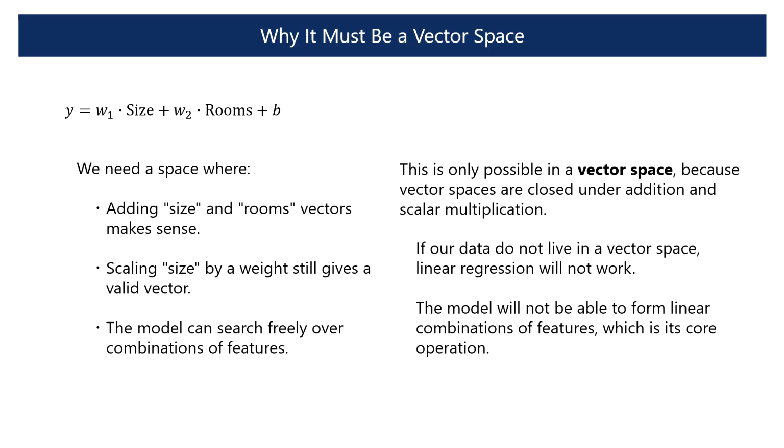This is only possible in a vector space because vector spaces are closed under addition and scalar multiplication. If our data do not live in a vector space, linear regression will not work. The model will not be able to form linear combinations of features, which is its core operation.